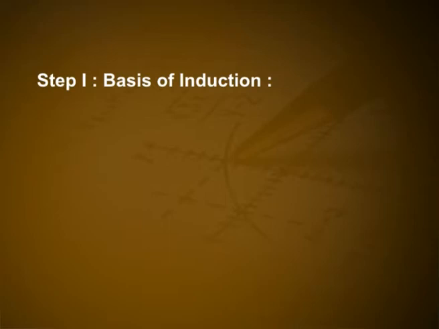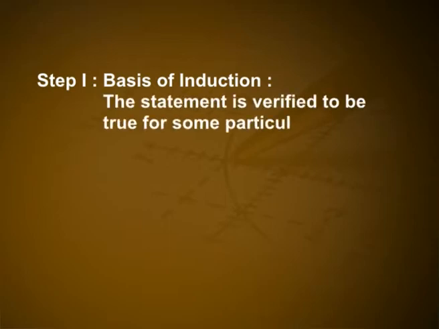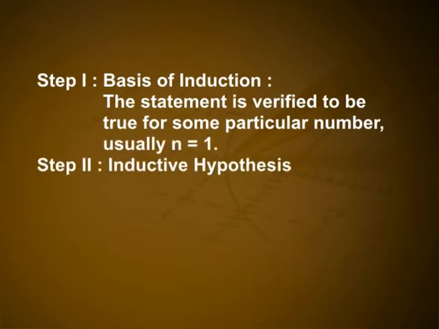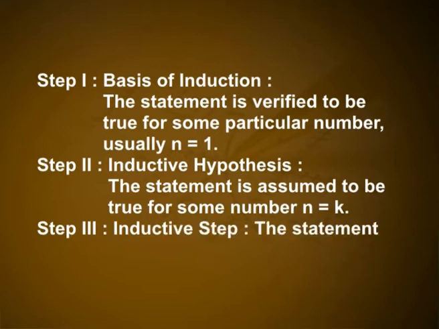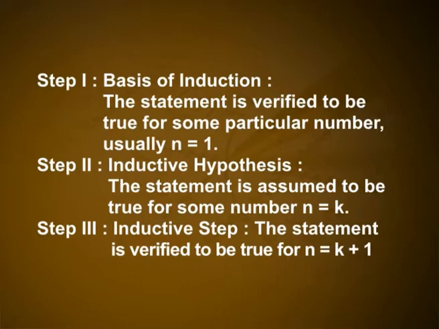Basis of induction. The statement is verified to be true for some particular number, usually n equals 1. Step 2. Inductive hypothesis. The statement is assumed to be true for some number n equals k. Step 3. Inductive step. The statement is verified to be true for n equals k plus 1.